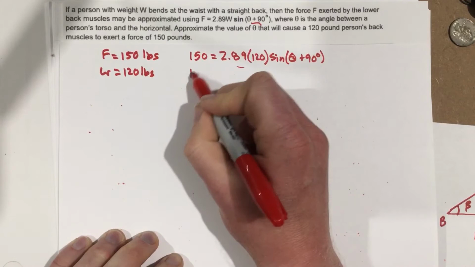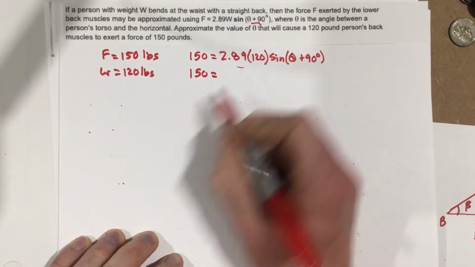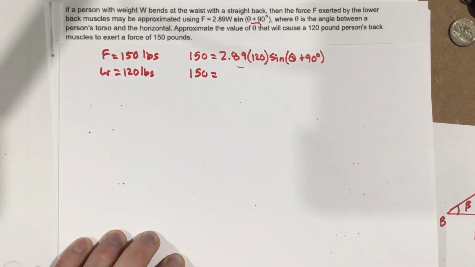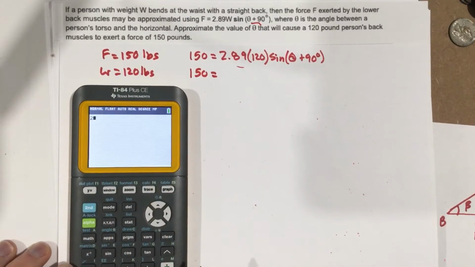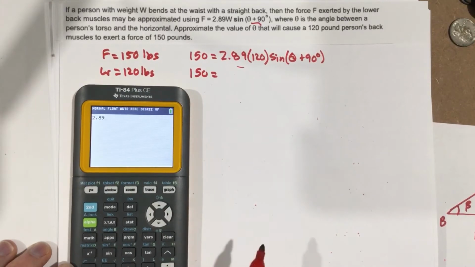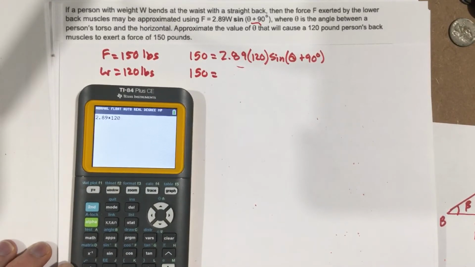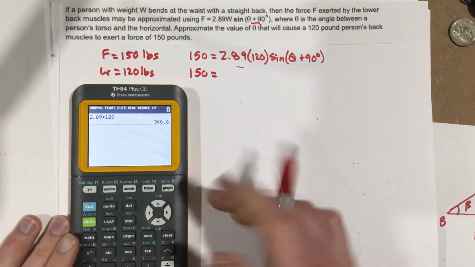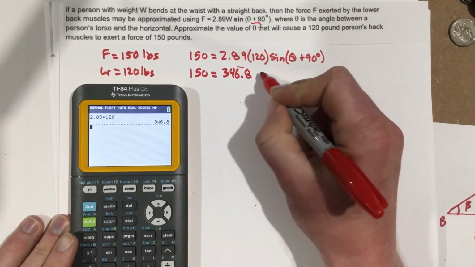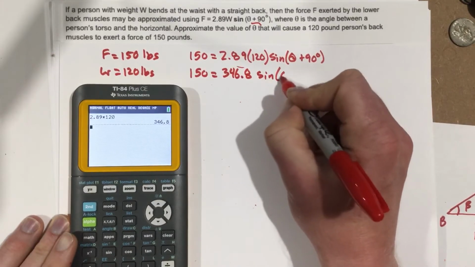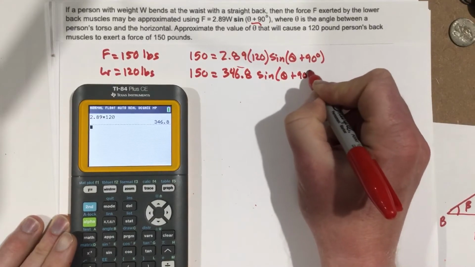So I'm going to take 2.89 times 120, sorry, not 289, 2.89 times 120. I get 346.8 times sine theta plus 90 degrees.